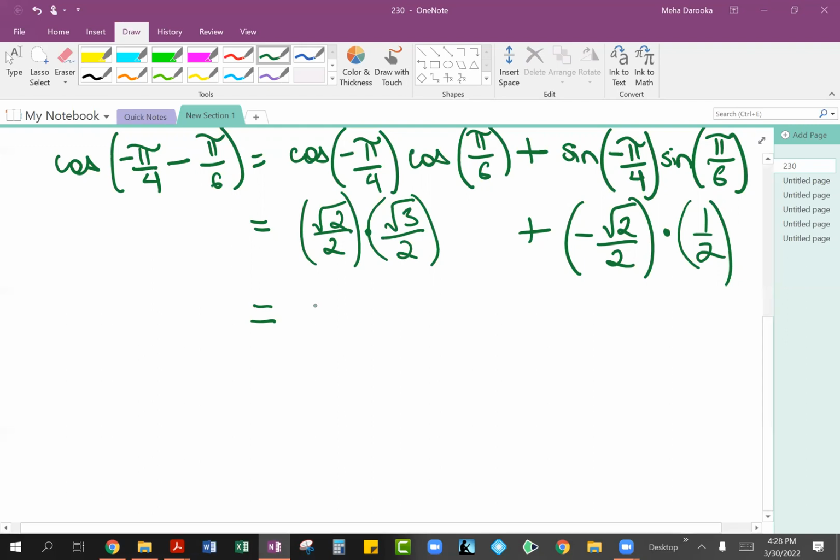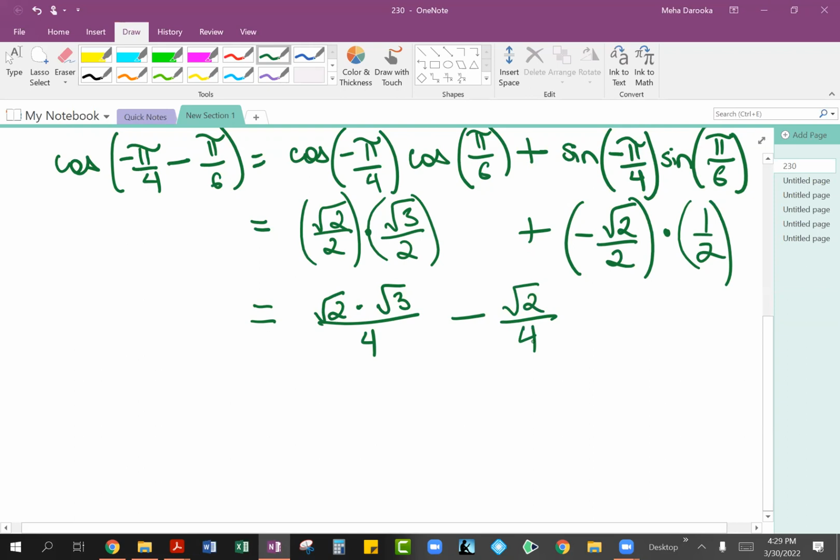I think I'm going to leave it as it is for now. So I'll just leave it as square root of 2 times square root of 3 over 4. You have a plus sign here and a minus sign here. So remember, when you have two signs next to each other, there's no number in between the plus or the minus sign, you end up multiplying them. So positive times negative will be negative. And let's see, what will that become?